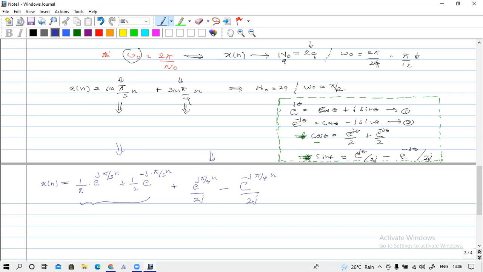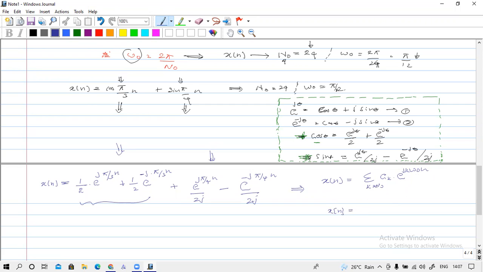If you compare this with the representation of a signal, it is like this: sum over k of c_k e^{jkω₀n}. If you write x[n] in terms of this c_k, you will have this kind of series.